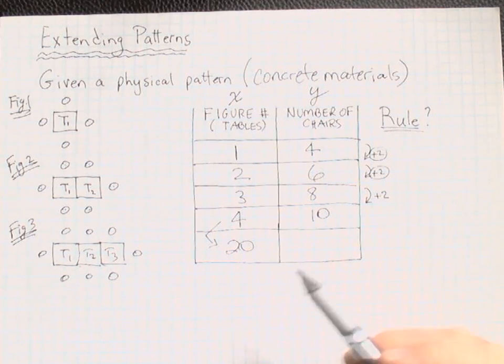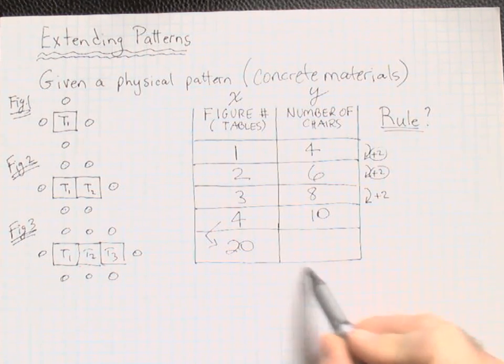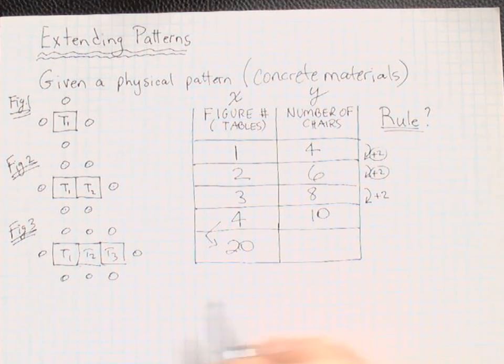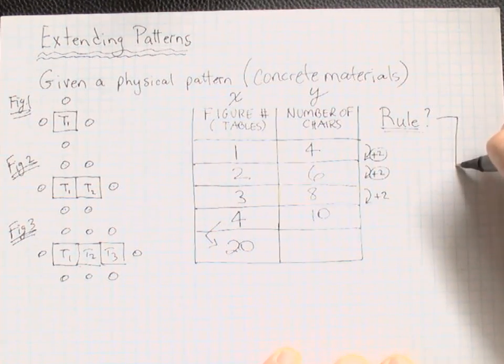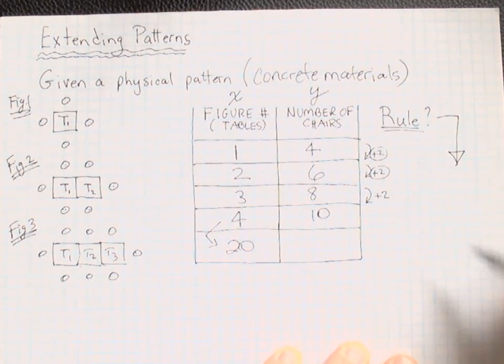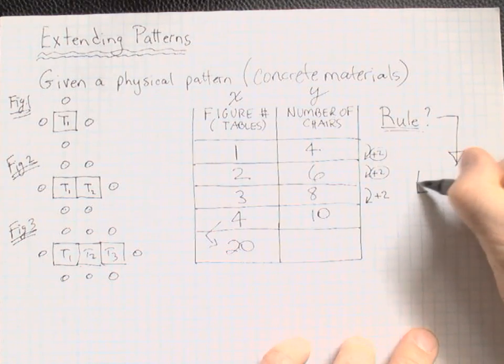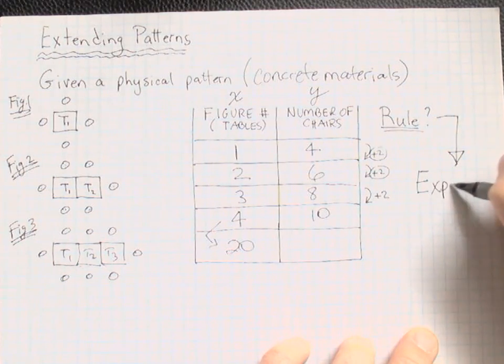We want to be able to find some way to figure out how many chairs there are without having to draw all this out. The way we do that is figure out what the rule is, and in algebra terms, that's what we call the expression.